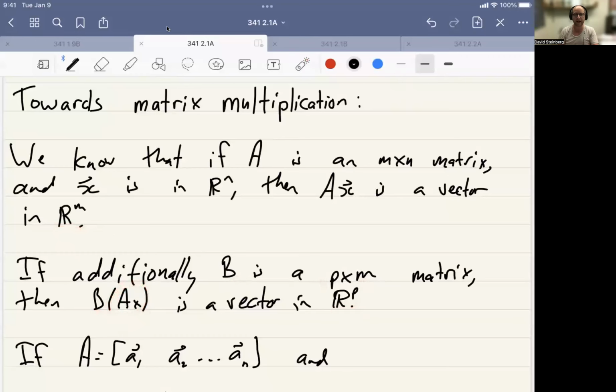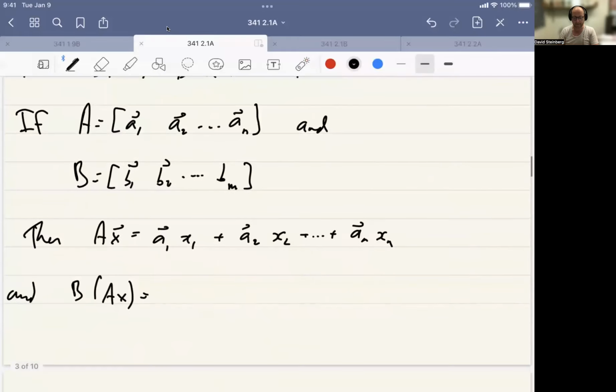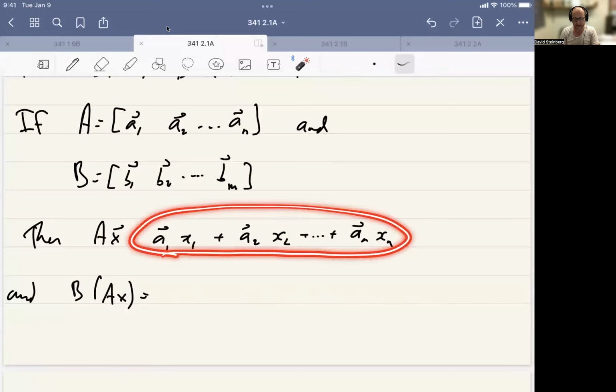So let's see how this is going to help us figure out what B times A ought to be. If A is the matrix whose columns are vectors a_1, a_2 up through a_n, and B is the matrix whose columns are b_1, b_2 up through b_m, and if we hit A with a vector x, then we just get back the linear combination of the columns of A weighted by the vector x.